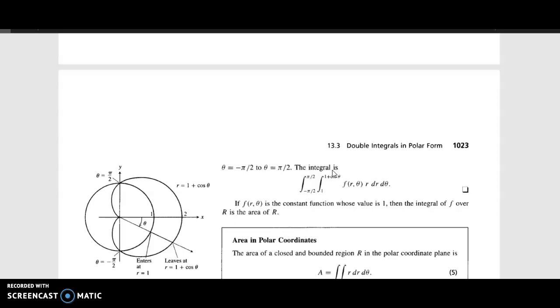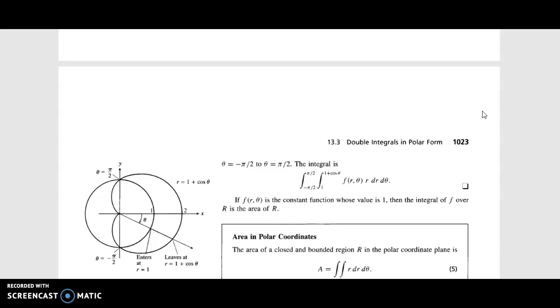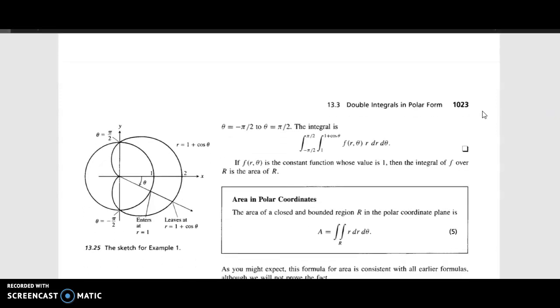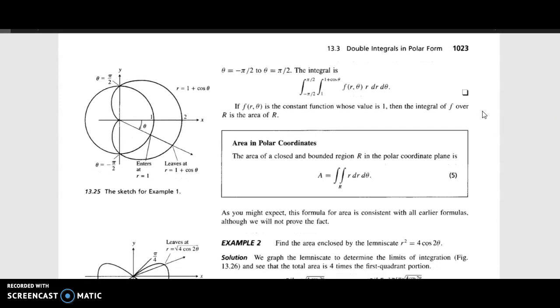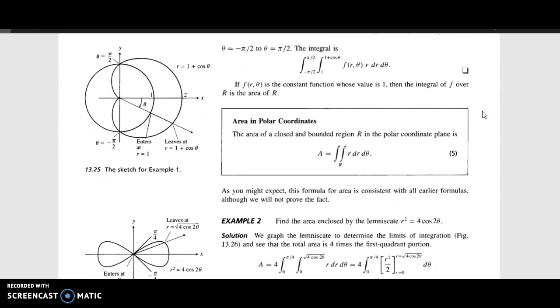These are the limits: theta from minus pi by 2 to pi by 2, r from 1 to 1 plus cos theta, of f(r, theta) r dr d theta.